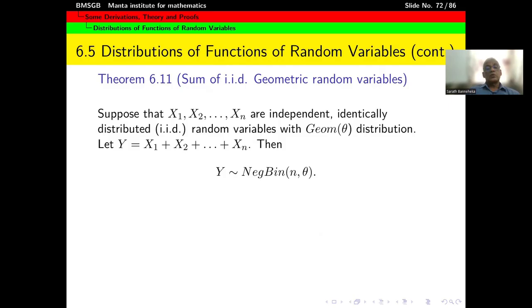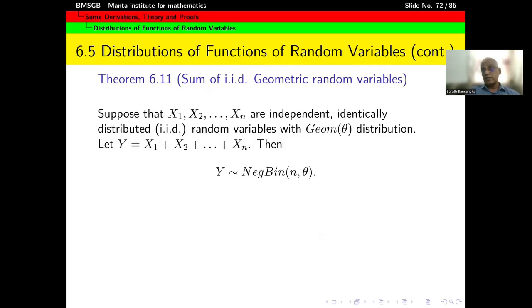So you know the moment generating function of x1, you know the moment generating function of x2. They all have the same moment generating function. You can get it from the table. And then you can find the moment generating function of y as the product of the individual moment generating functions, because these x1 to xn are independent.